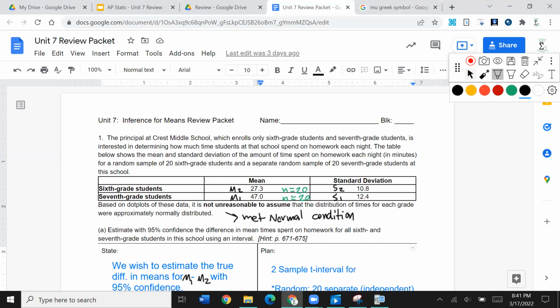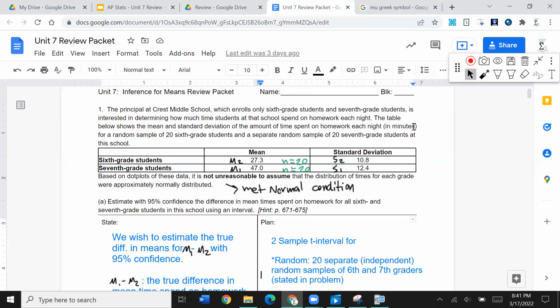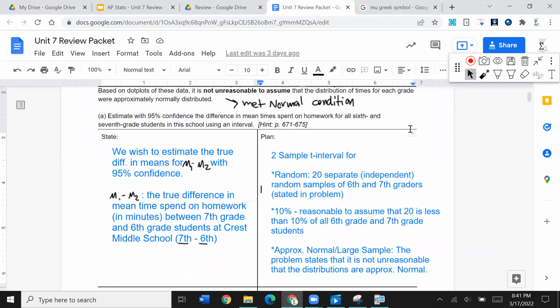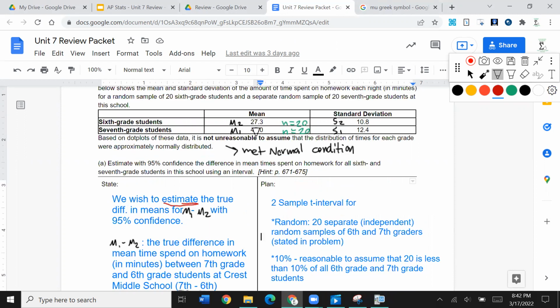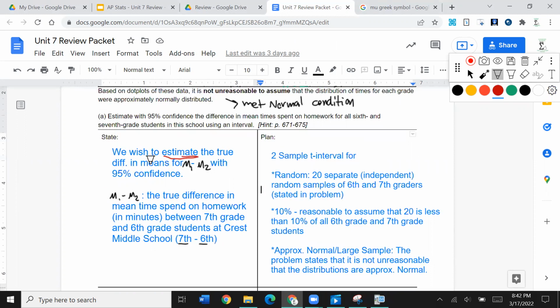I have a couple things already filled out just to make the video go a little bit quicker. For the state part, you want to basically regurgitate some information talking about what we want to do. So our goal here is to estimate the true mean difference, mu1 minus mu2, and I called mu1 7th grade students and mu2 6th grade students.